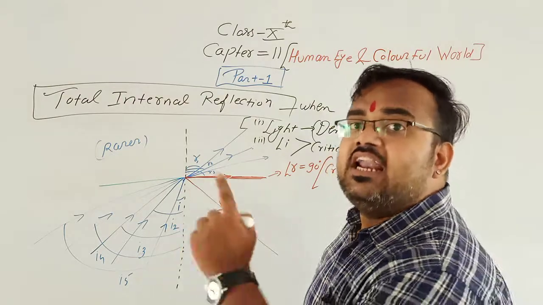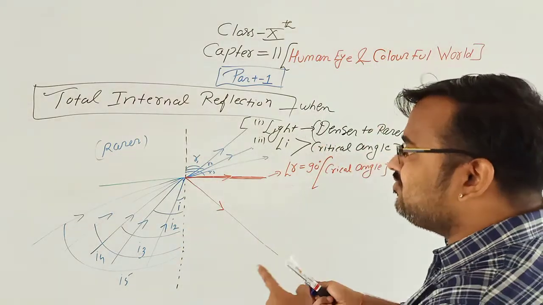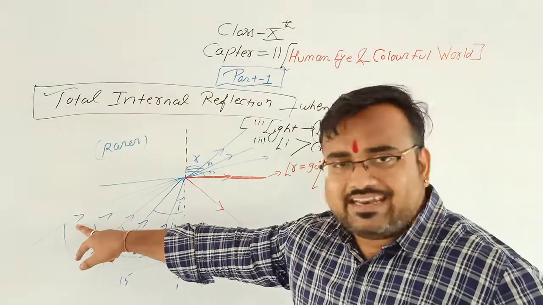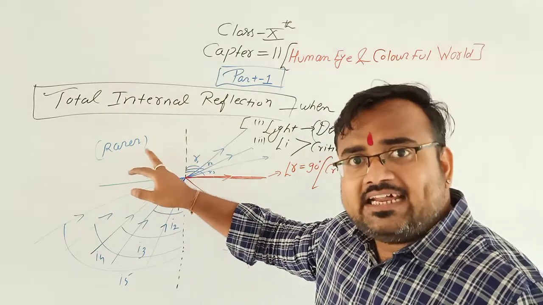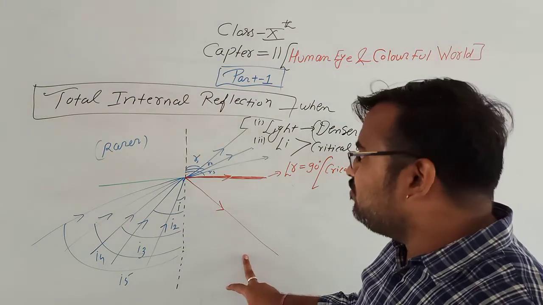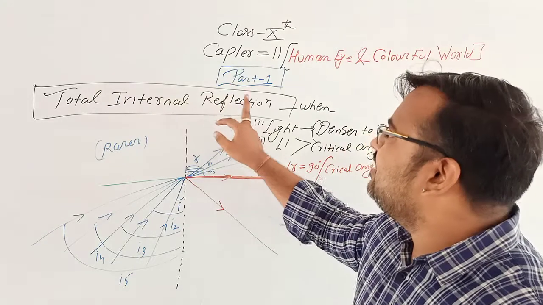What is total internal reflection? When an incident light ray travels from denser to rare medium and it bounces back to its original medium, then it is known as total internal reflection.